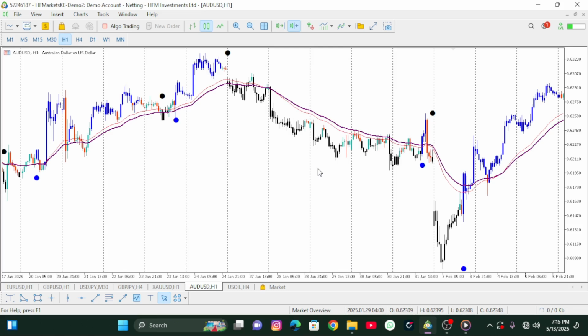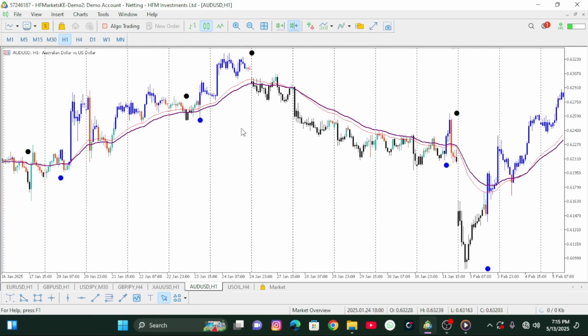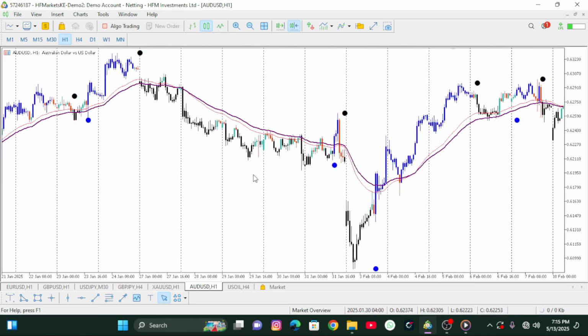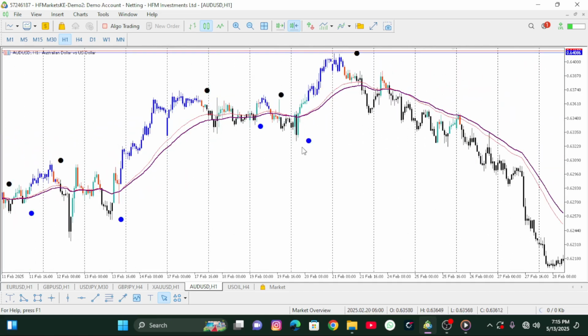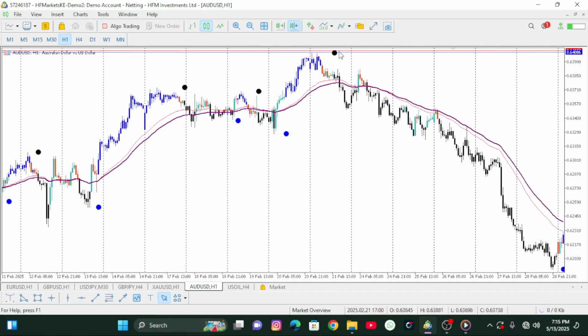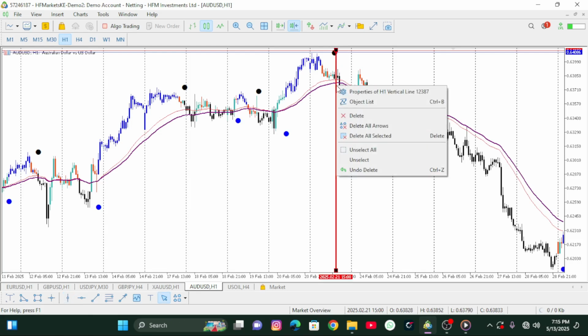So for us here, mainly what we are looking for is the candle closes. Now let us take this example. This signal appeared at this point.